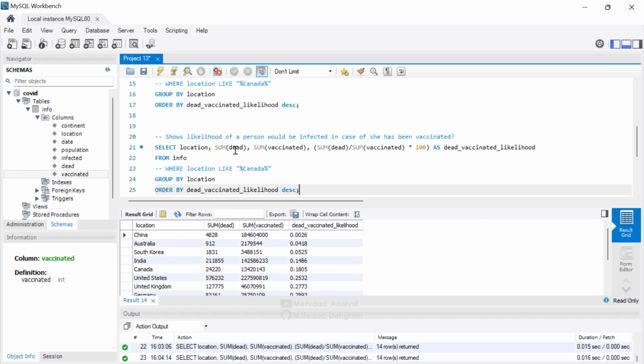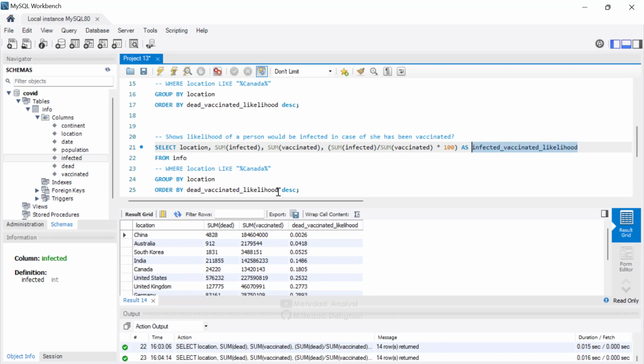For doing this, I want to change dead to infected, and the vaccinated is okay, and it is infected vaccinated.